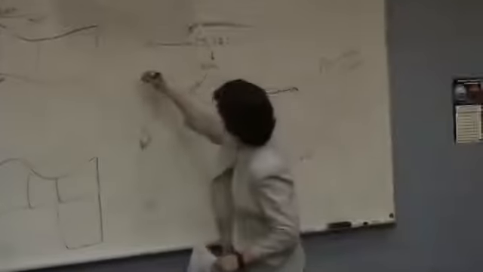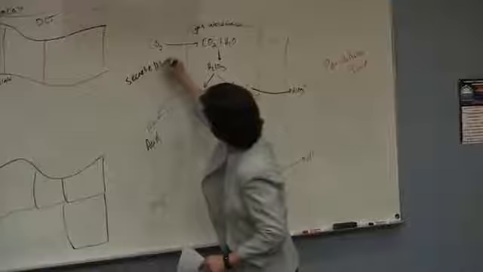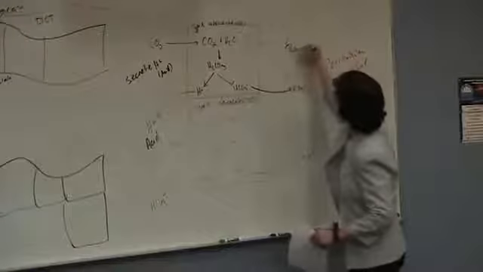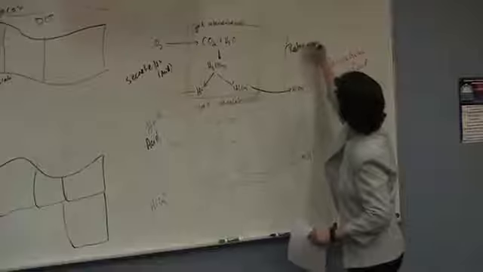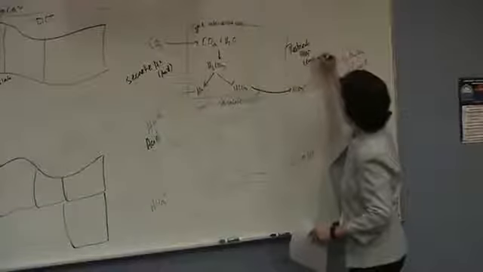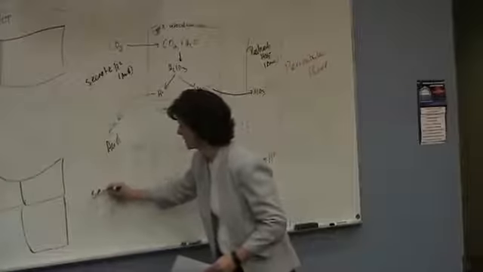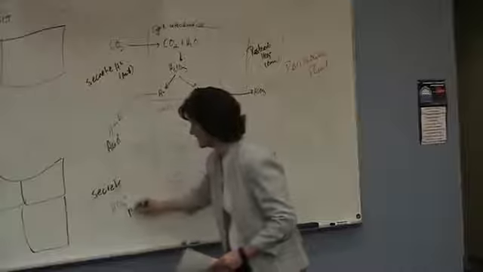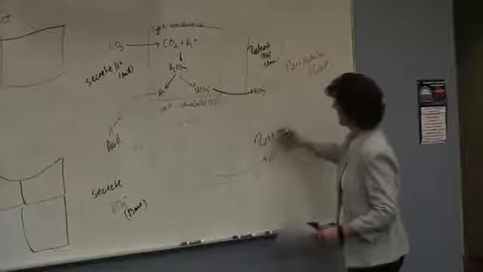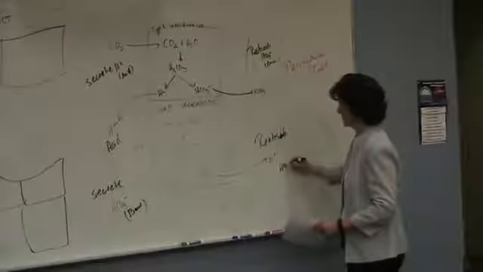Secrete the acid, the hydrogen ion, which is the acid, and reabsorb the bicarbonate, which is the base. So what's the net effect for type B? Secrete the bicarbonate, the base, and reabsorb the hydrogen, which is the acid.